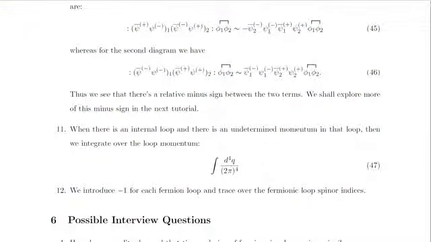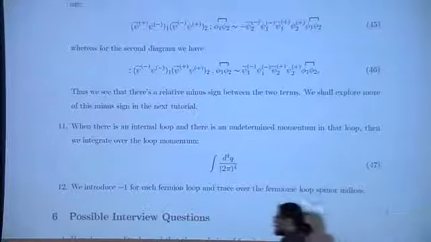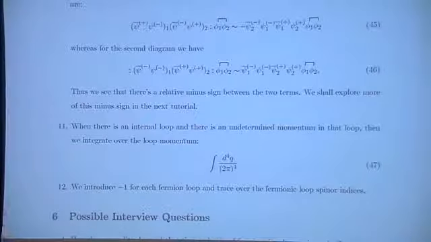So there are higher order diagrams where there's an internal loop. And whenever there's an internal loop, the momentum there is not fully determined. So for example, if we go to fourth order, this diagram is going to be modified by this.